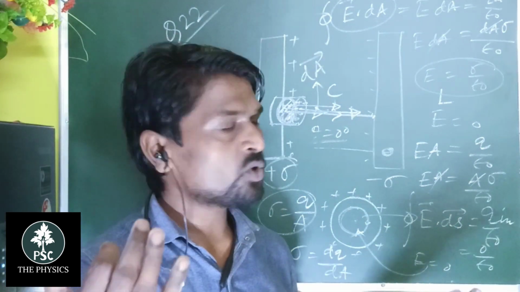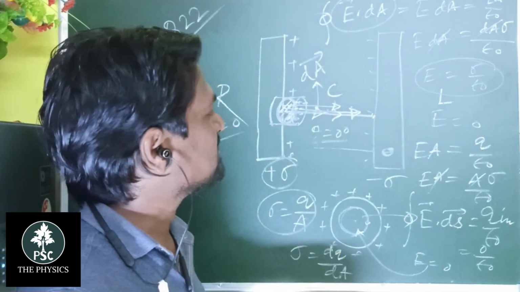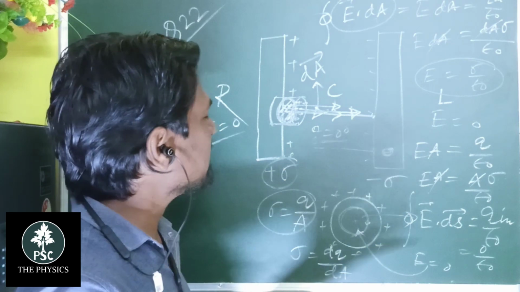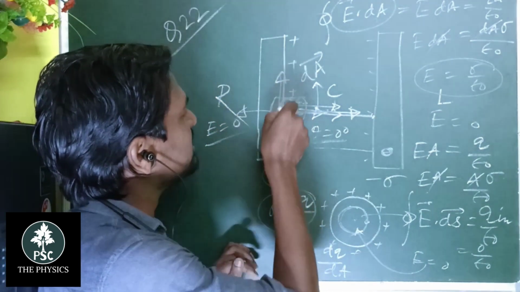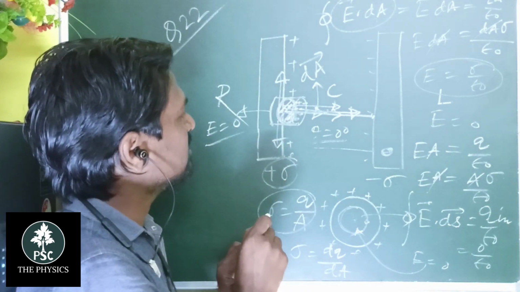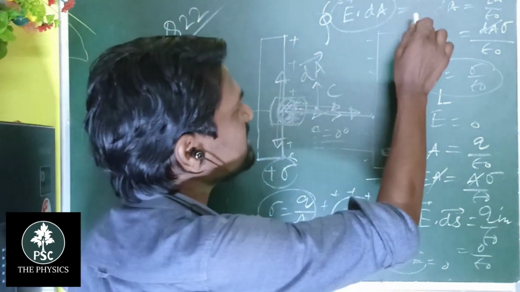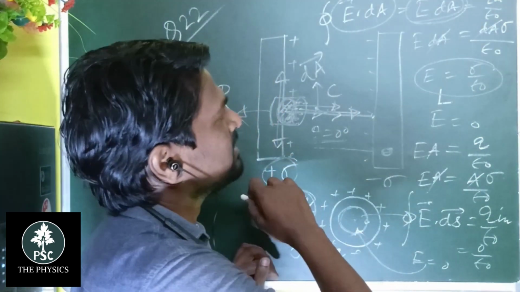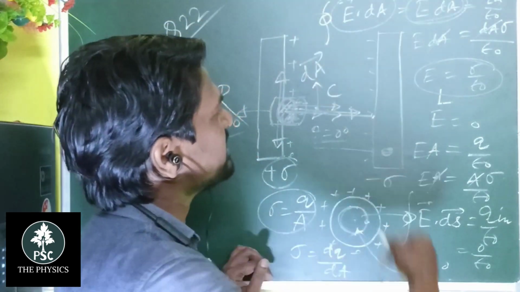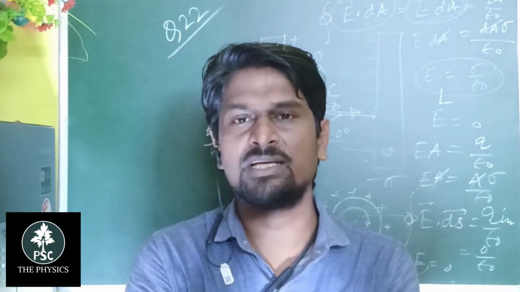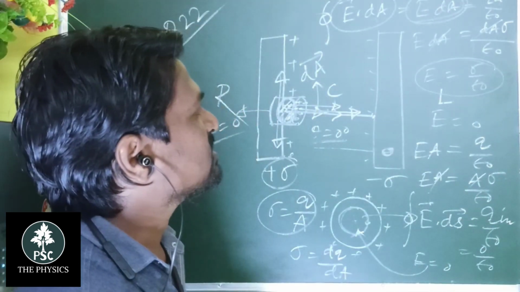Okay, so this is the net flux. Along this direction there is no flux linked, so this amount is the net flux. You can write the net flux equal to Q by epsilon naught, or the closed integration of E dot dA equals Q inside by epsilon naught.